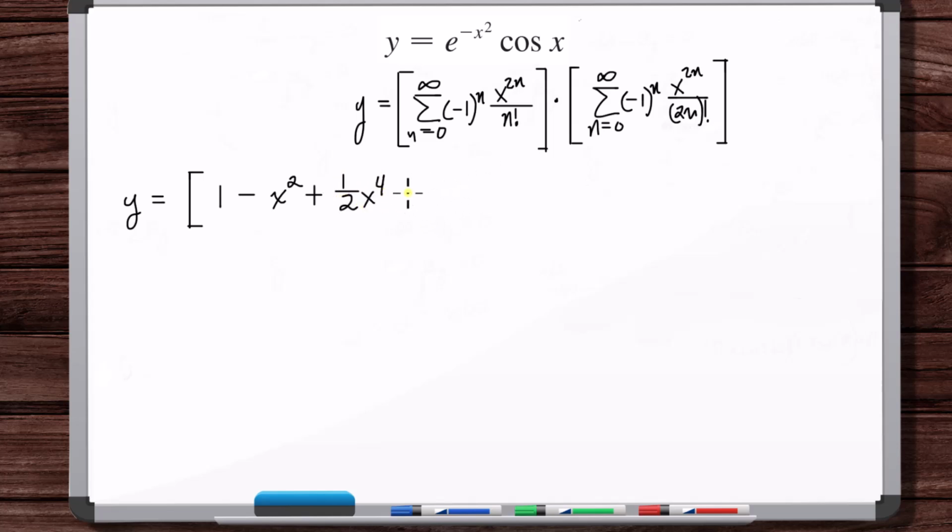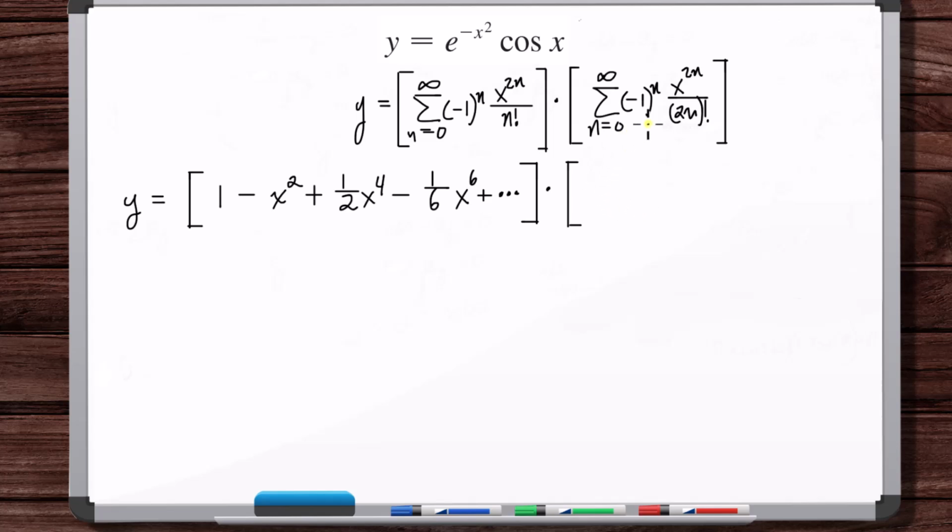And let's go one more. 3 factorial is 6, so it's 1/6 x to the 6th. How many terms you write in the expanded form depends on how many terms you want; it wants the first 3 non-zero terms of the multiplication. If you wanted more terms than that, you would write out more terms at this step.